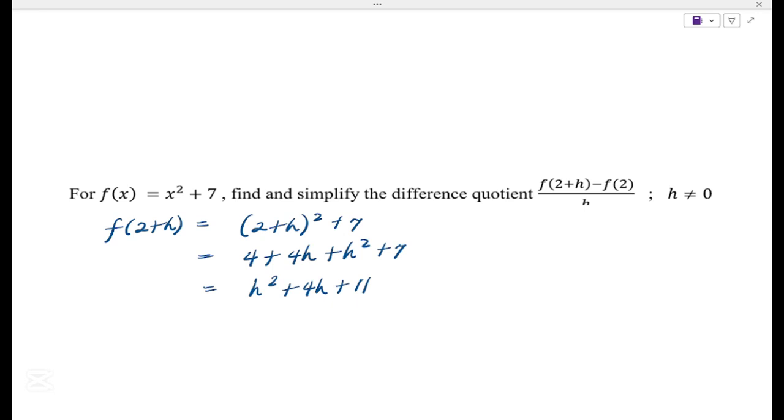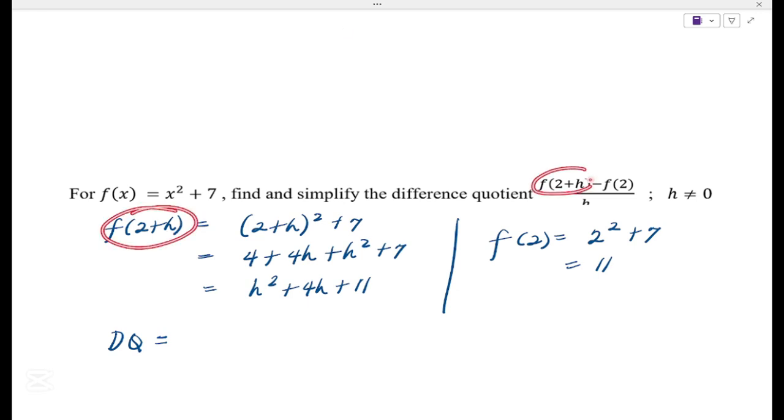Next, let us solve for f of 2. f of 2 is equal to 2 squared plus 7, which is equal to 11. Now we can find the difference quotient. The difference quotient is equal to f of 2 plus h.